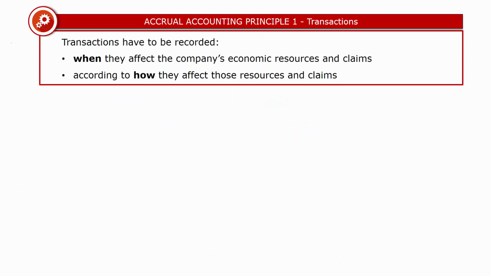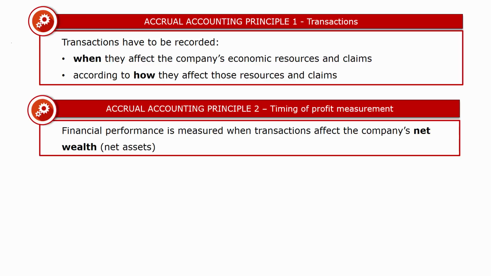So, to sum up, the 3 fundamental principles of accrual accounting you need to remember are as follows. First, transactions have to be recorded when they affect the company's economic resources and claims against these resources, and according to how they affect these resources and claims. Second, profit is measured when a transaction affects the company's net wealth.